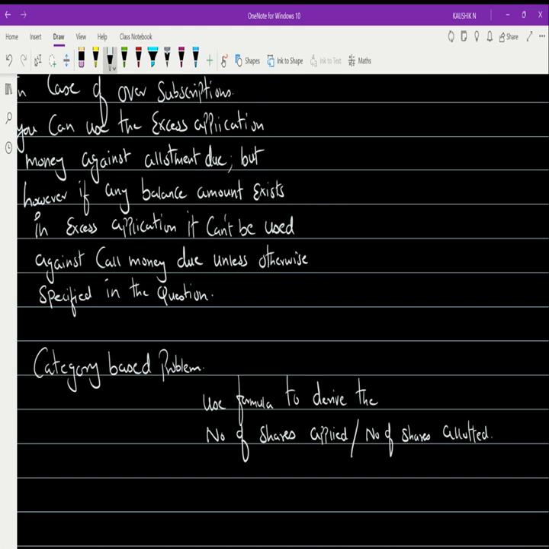Have you ever come across this formula? Anyone? Is this formula in the textbook, has anyone seen it? In oversubscription cases, particularly category based problems, to derive the number of shares applied or allotted, there is one formula. Have you ever noticed it? How to find out the number of shares applied if allotted is given, and allotted if applied is given.